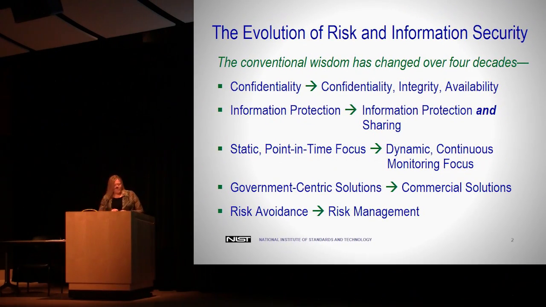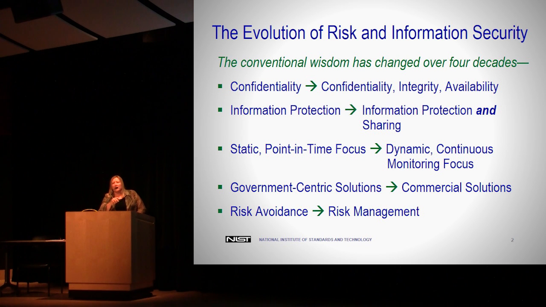And so we see here the evolution of risk and information security. We started out mostly just being concerned with confidentiality, and now we're concerned with all 3 of the security objectives, integrity and availability as well. We just wanted to protect information, but now we need to share information a lot, so we have to make adjustments for that.